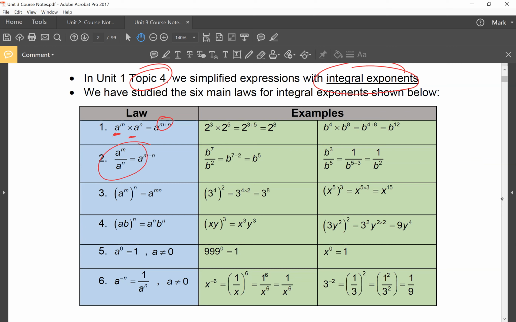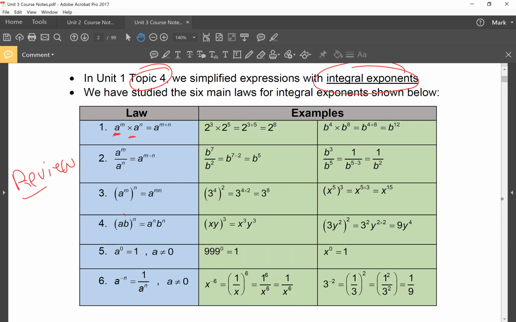If we're dividing, we subtract the exponents. Again, this is review. If we have exponents where they're outside of brackets, we multiply them together.